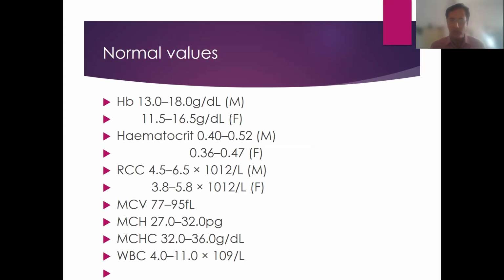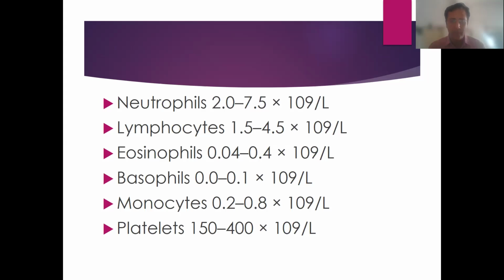And normal values, which mostly you have to remember: hemoglobin in normal males is 13 to 18 grams per deciliter, and in females 11.5 to 16.5. Hematocrit is about 0.36 to 0.47. WBC is about 4.0 to 11 multiplied by 10 to the 9 per liter. Neutrophils are 2.0 to 7.5 multiplied by 10 to the 9 per liter, and there are different values that we have to know.